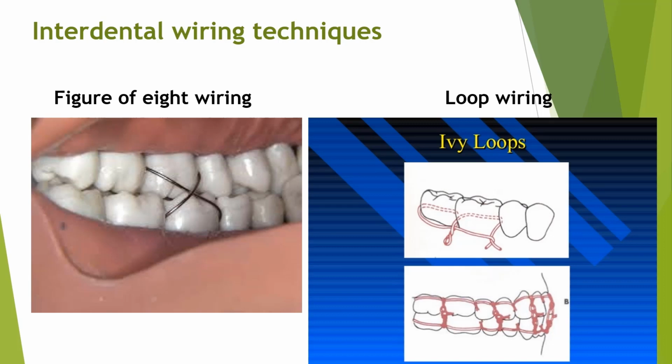A length of wire is passed as a single loop around the cervical margins of the subluxated and adjacent teeth. This loop is loosely tightened, then individual wires passing interdentally above and below the loop wire are tightened. Finally, the original loop wire is twisted tightly.